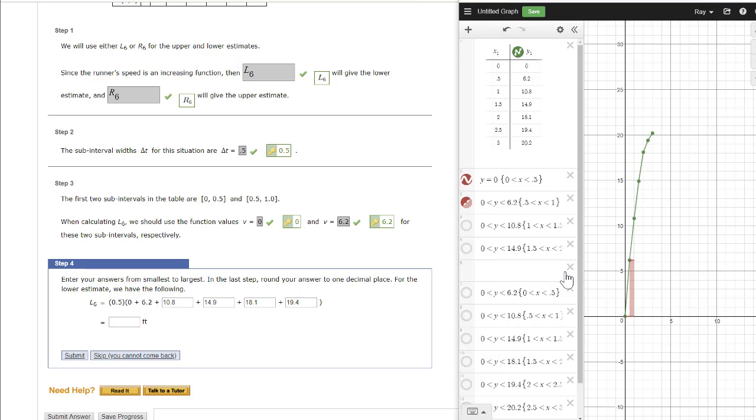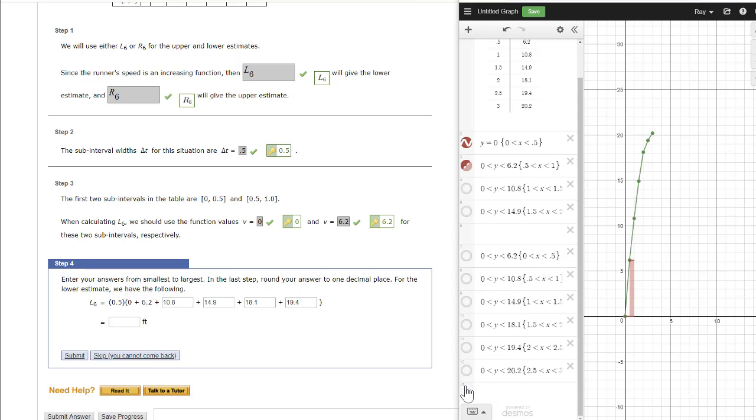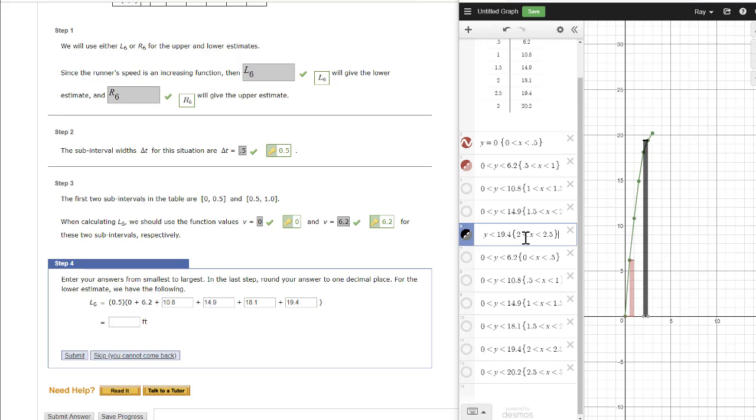We didn't go that far in our graph, but if we were to go to 19.4 here, this would be our graph from 2.5 to 3. So this is the last graph that we would have.